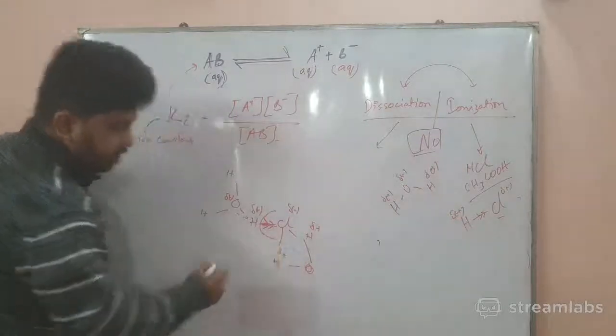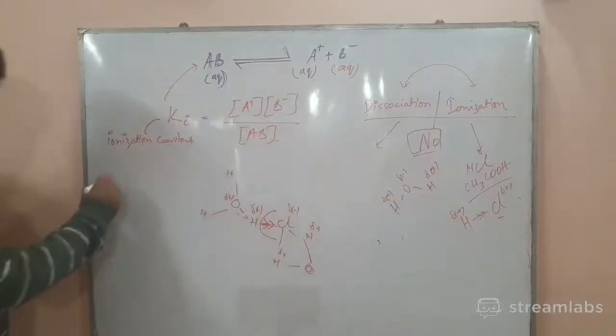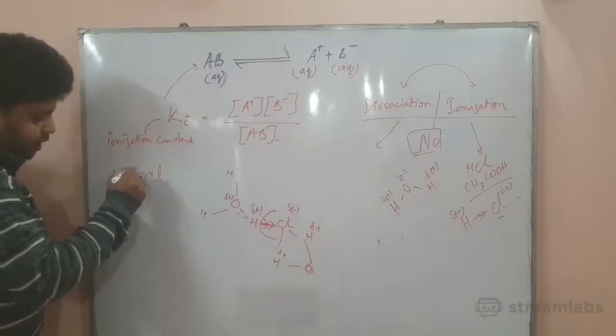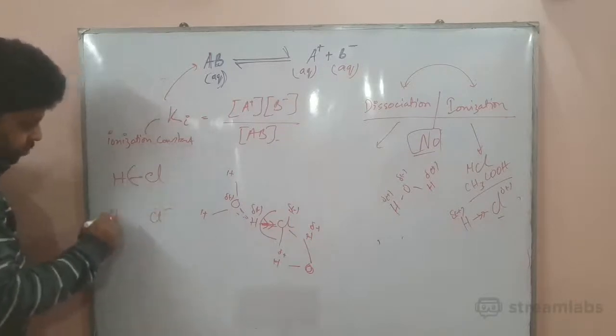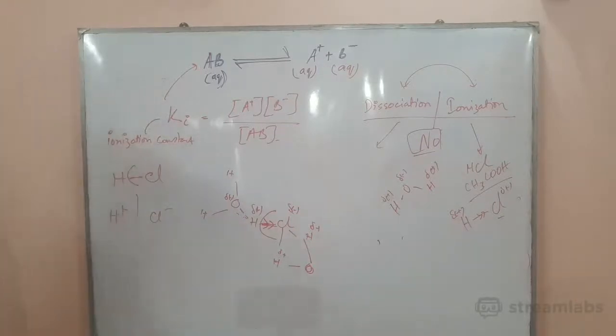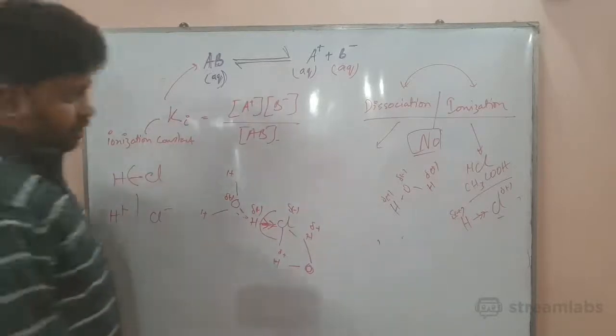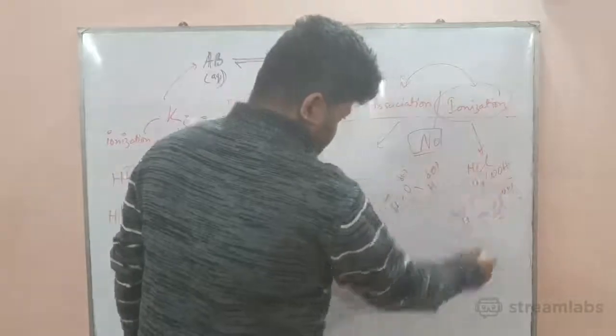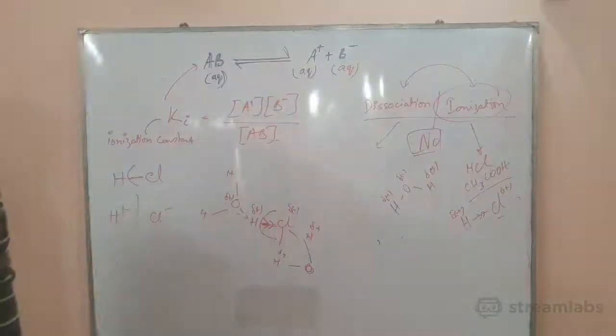Then the Cl minus takes away the entire bonded electron pair, and HCl breaks down into Cl minus and H plus. It was not in ionic form, but still ionic form is formed. So it is ionization. Ionization occurs for such type of compounds.